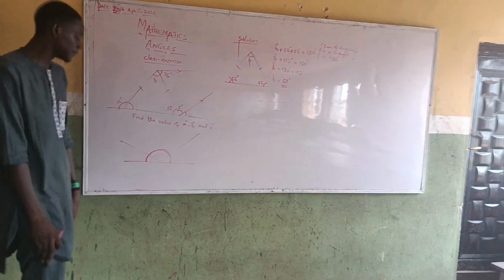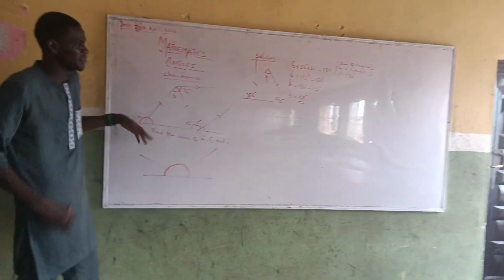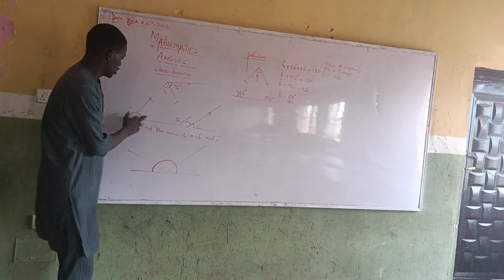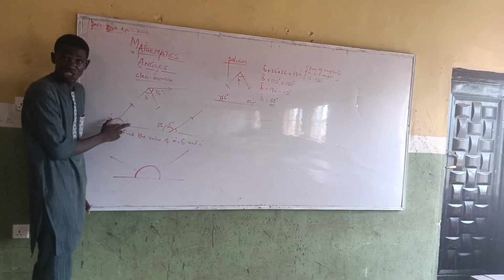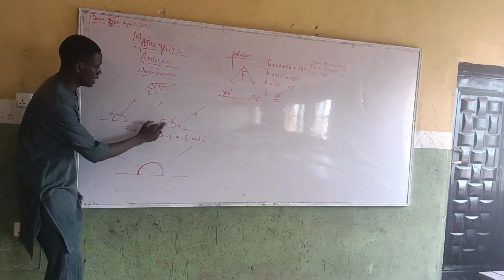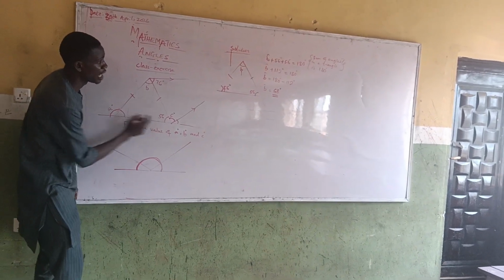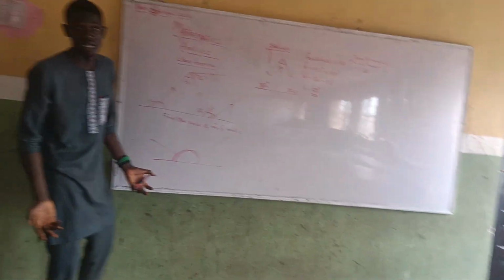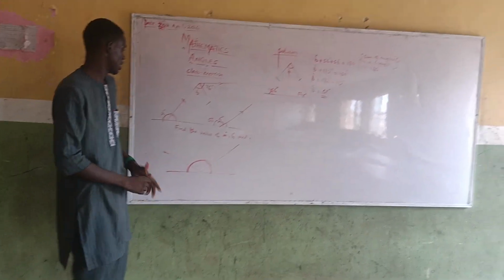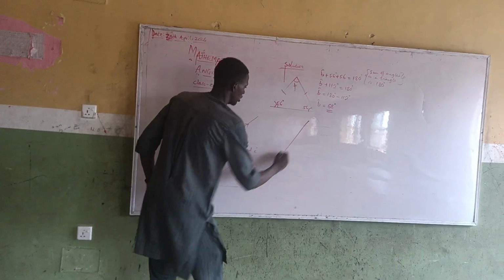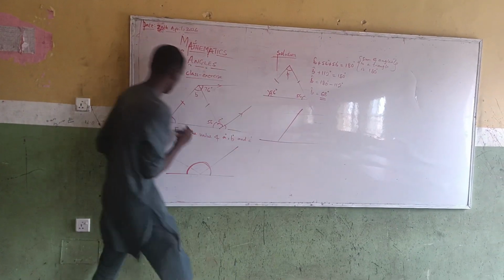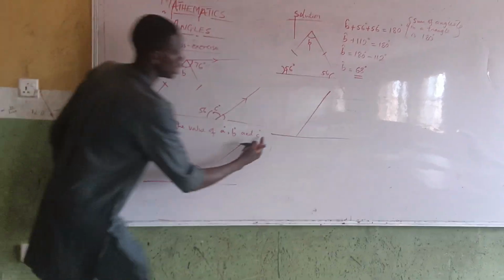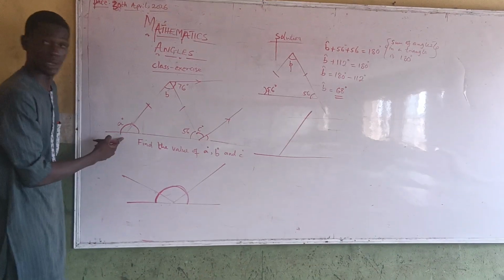Now, how do I get angle A? Very simple. Since I've gotten this angle to be 56, how do I know this to be 56? The base angles of an isosceles triangle are equal, they are the same size. So with that, look at it. We have a straight line here. This line and this.